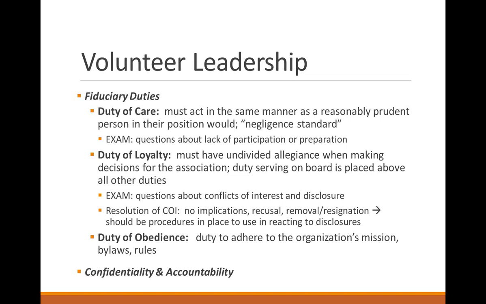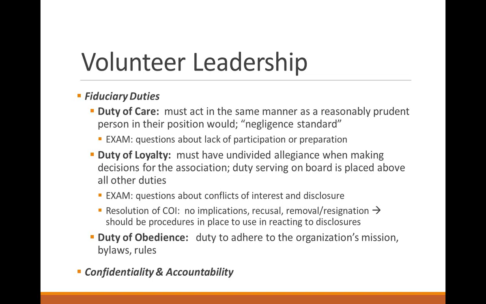And just briefly about resolution of conflict of interest. There's three ways that these can be resolved. No implications. The person discloses the conflict. The board says, okay, I think we're fine with it, and they move on. It's fine. Recusal.